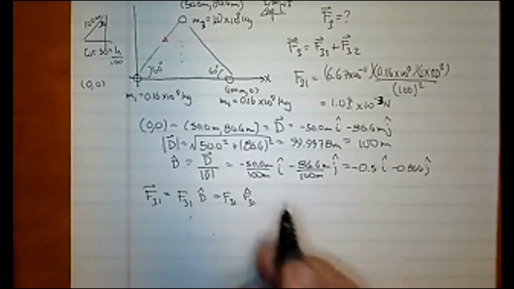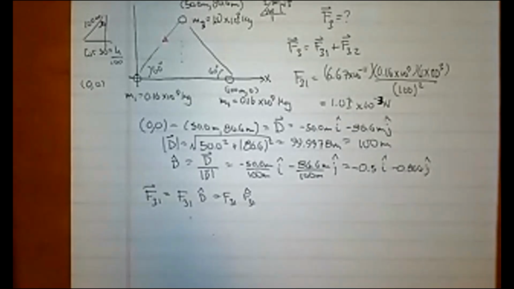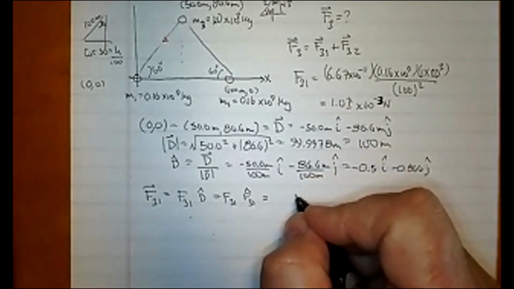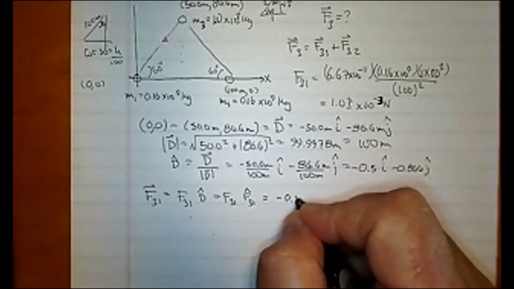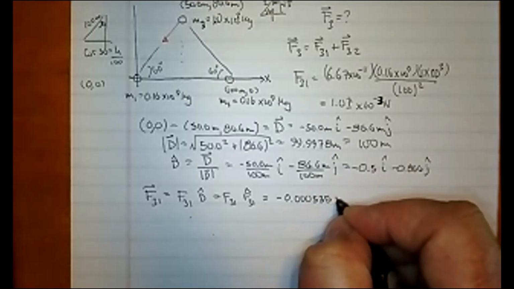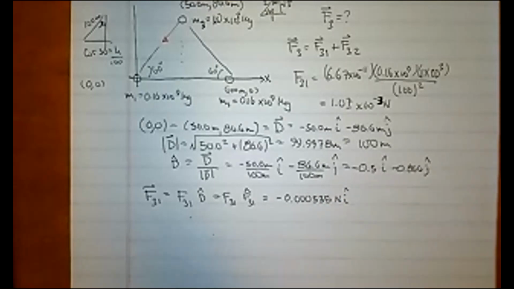Whenever you put a hat on something, that means a unit vector. So when I multiply these two, I'm going to say 1.07 e to the negative 3 times 0.5, negative 0.5 technically, gives me negative 0.000535 newtons i hat, and 0.00107 again times negative 0.866.